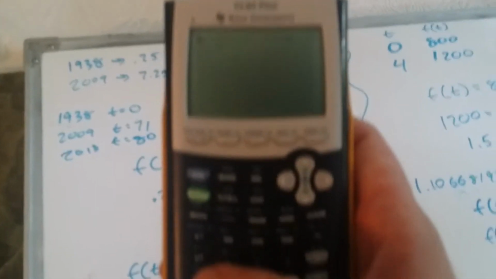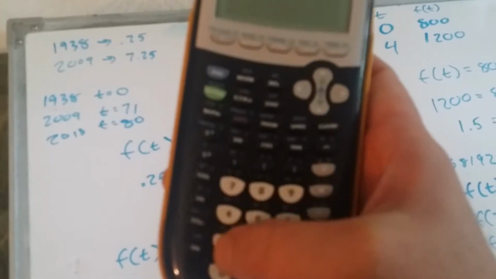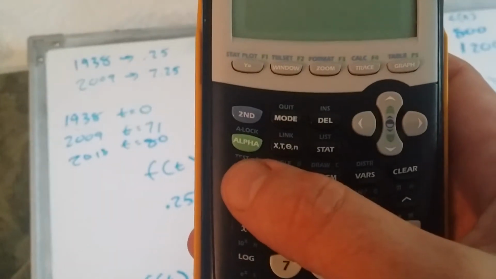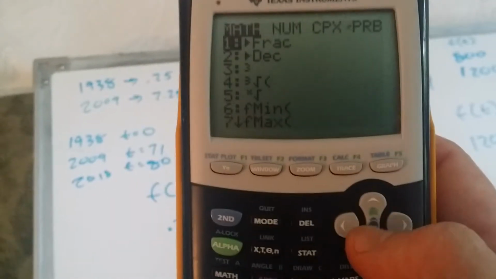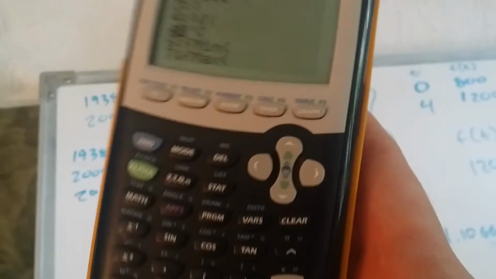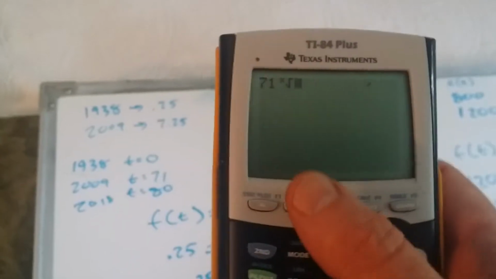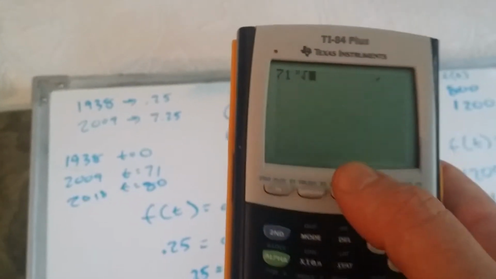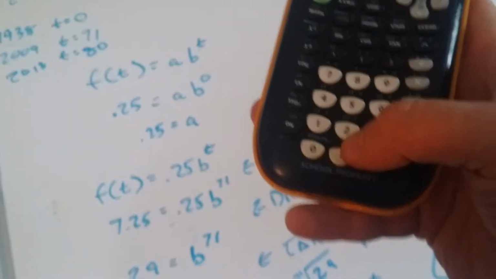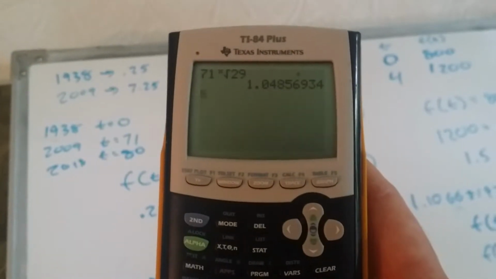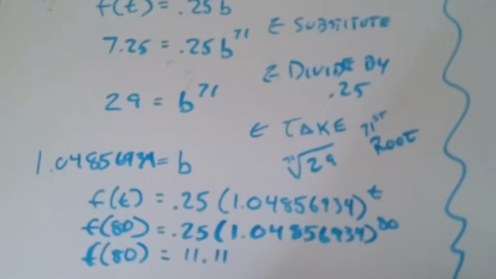Turn on your calculator, type in your 71 first, then press the math button, and go down to number 5, which is the x-th root. You typed in the 71 first, so this is taking the 71st root of 29, and you're going to get that. Okay, so that's your number.